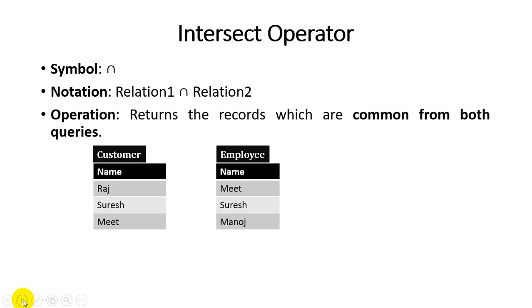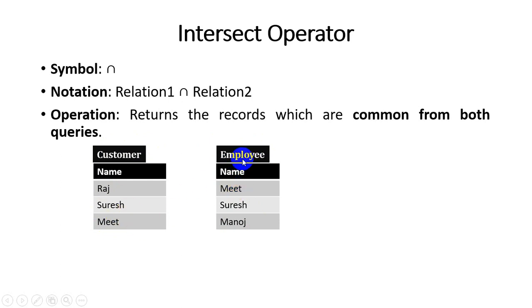Let's see with the example. As per the definition, the result is the records which are common to both the queries. You can see the three names Raj, Suresh and Meet in the customer relation, and Meet, Suresh and Manoj in the employee relation.